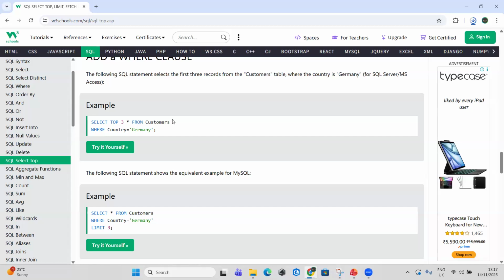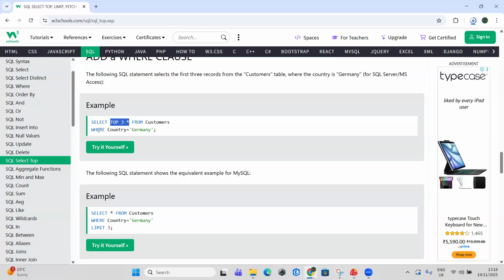Good. So what it's doing is, now we know that this is just the selection part.